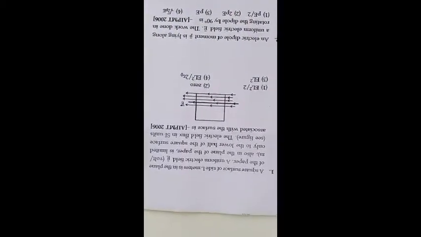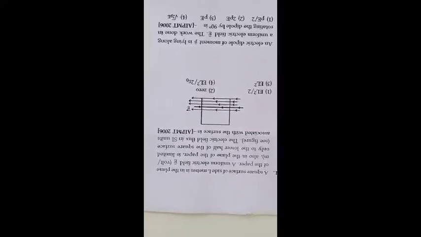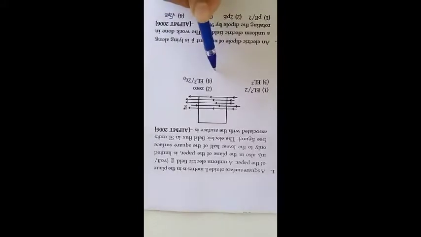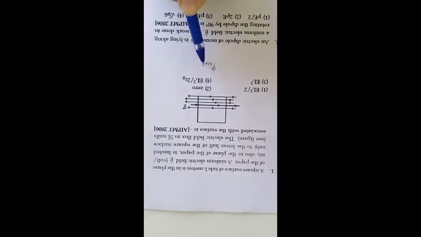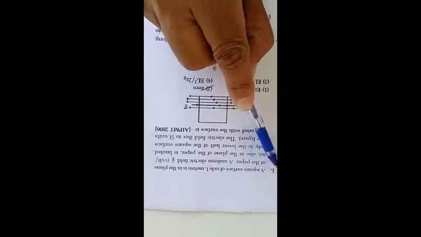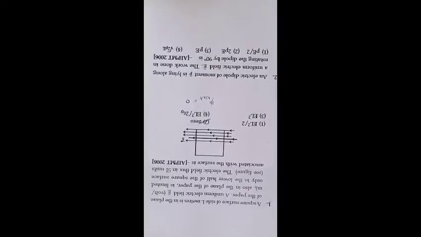Leaving flux will be positive. Equal, net flux value is equal to 0. We can say like this: since there is no charge in the surface, net flux is equal to 0. So the answer for this will be the second option. Clear? See the second question.